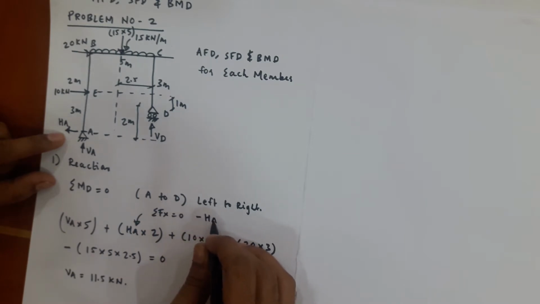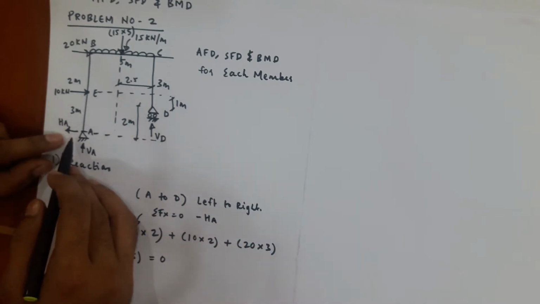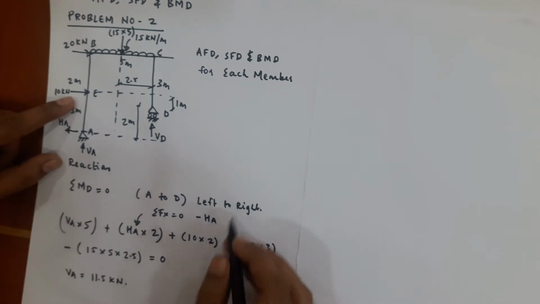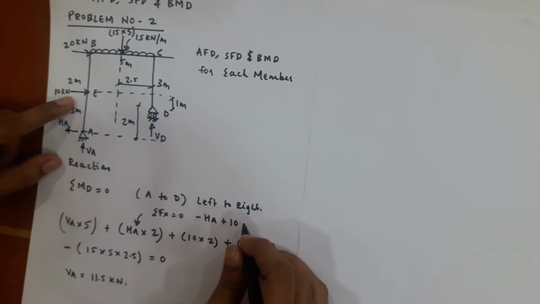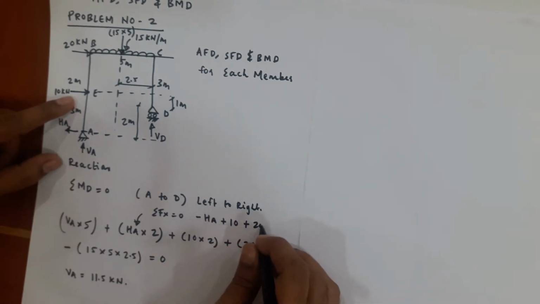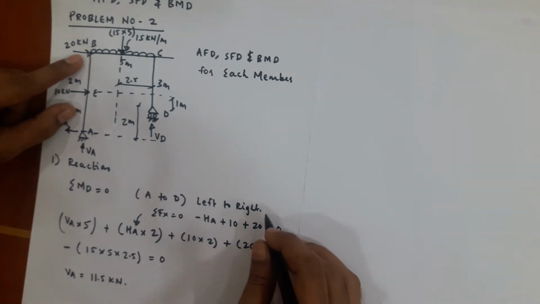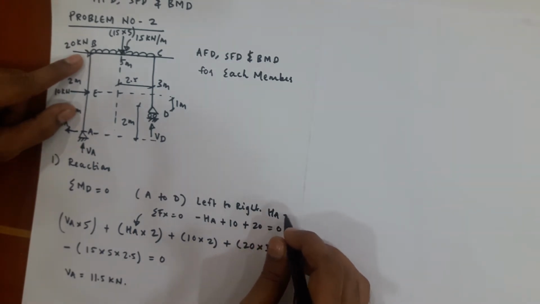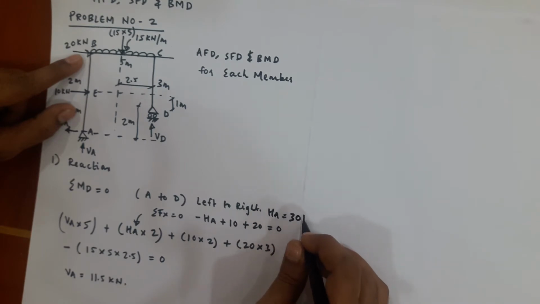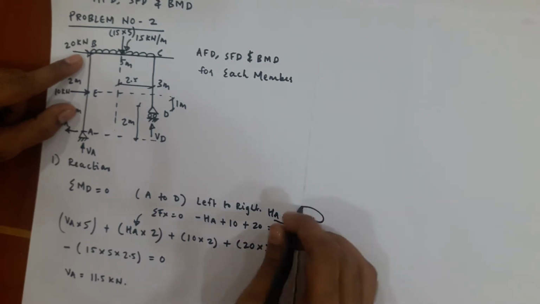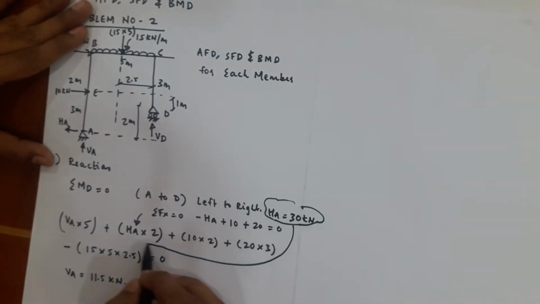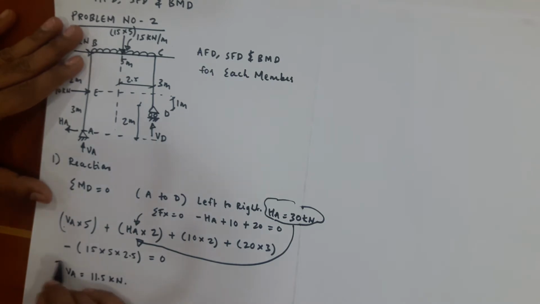Minus HA because it is pointing towards the left side, plus 10 plus 20 equal to 0. So HA you are getting here, HA equal to 30 kilonewton. You have to substitute this HA value here and solve for VA. You will get 11.5 kilonewton.